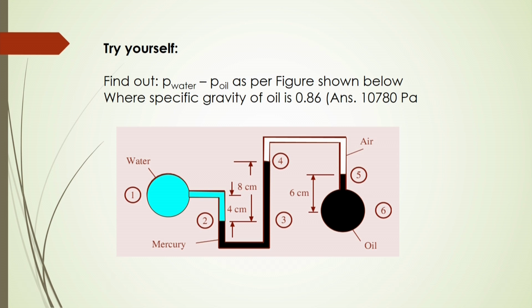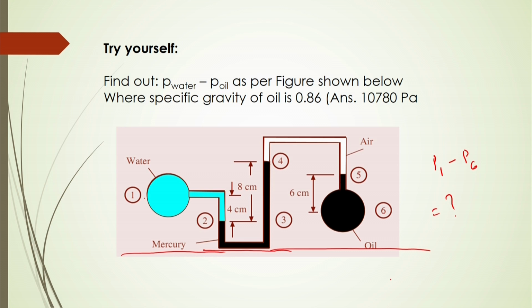You can also try this way: find out the pressure difference of water and oil between points 1 and 6 here. What will be the value of P1 minus P6? First of all, you have to consider P1 minus P2, if you consider this bottom line as the datum line.